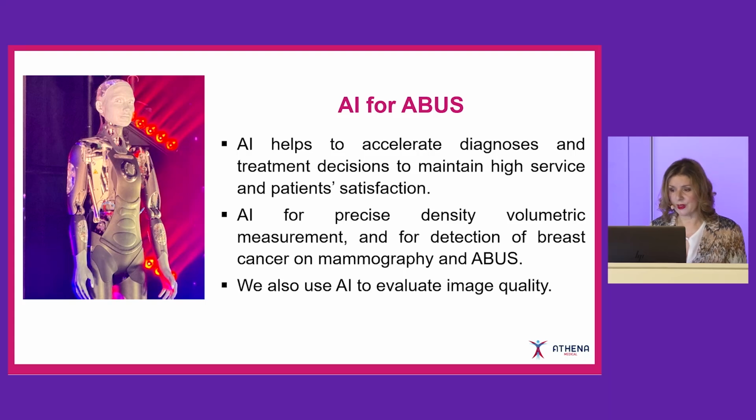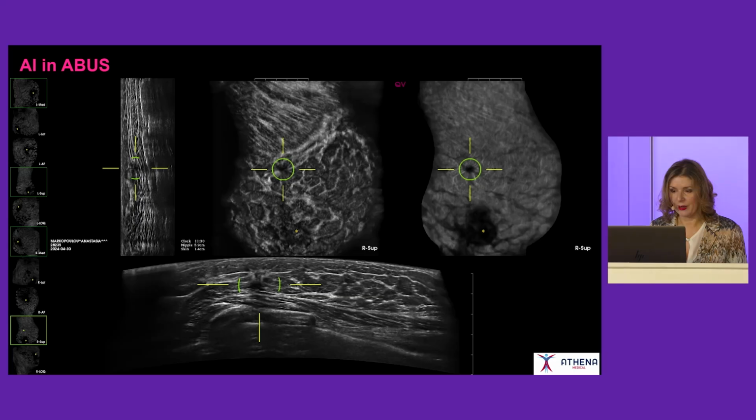And AI now for ABUS, we've been working with AI for about 7 or 8 years. It helps us accelerate diagnosis and treatment decisions to maintain high service and patient satisfaction. It is also very helpful to evaluate image quality. We have AI for ABUS, and you can see here how it looks. You see the area encircled with green.